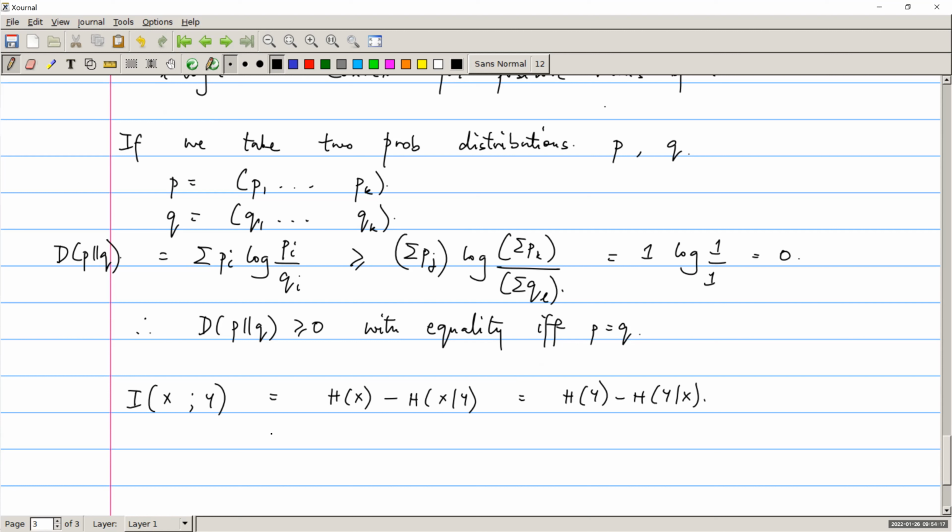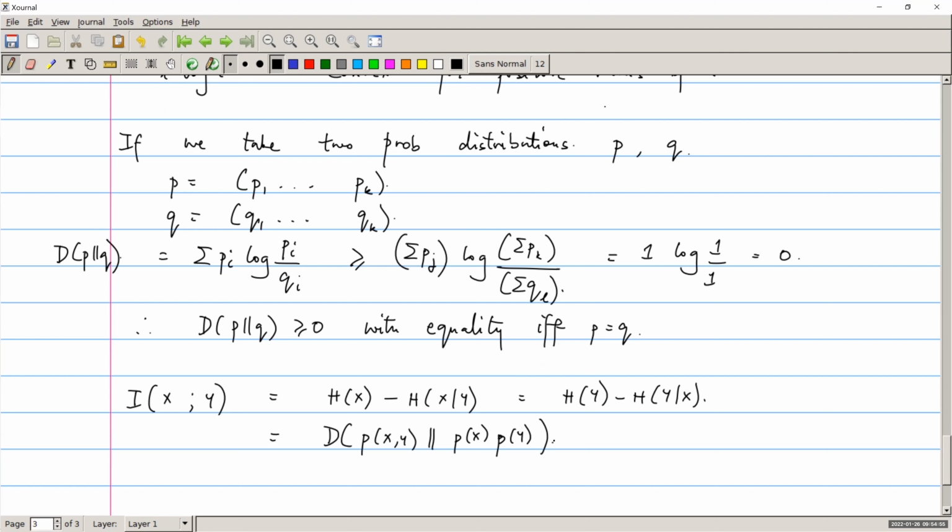But another way we could write it is that it's the distance between the joint distribution of XY and a hypothetical distribution which happens to be the product of their marginals. The joint distribution of X and Y is the reality, the real joint distribution between X and Y. You can think of an alternate universe where X and Y happen to be independent but with the same marginals.